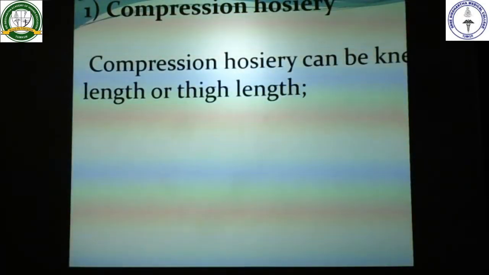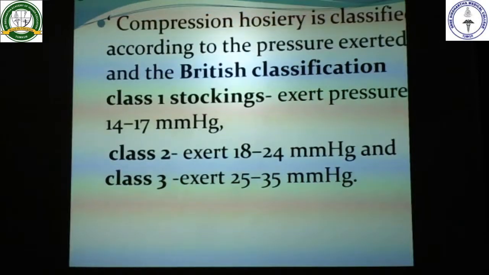Let us discuss compression hosiery, also called elastic stockings. It comes in below-knee or above-knee length. Compression hosiery is again classified by the British classification: class 1, class 2 and class 3 stockings.